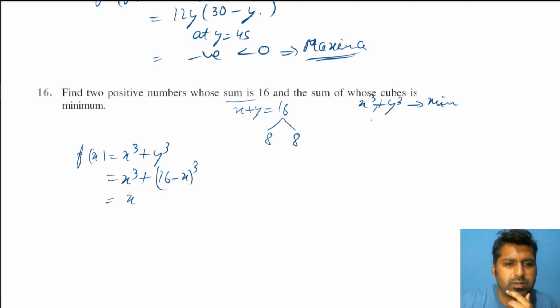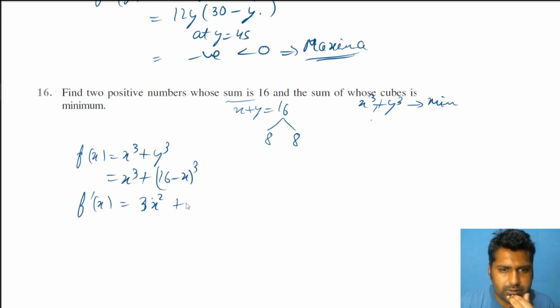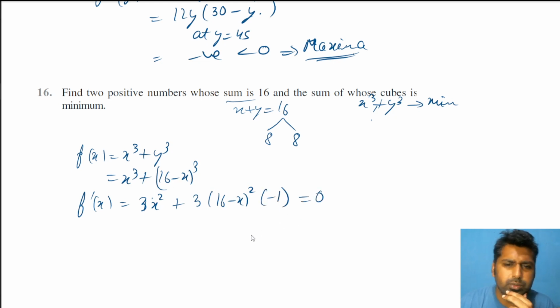I think that's okay, because even if you open this, there is not much useful point in it. Okay, so what's our f dash x? f dash x is 3x square plus 3 into 16 minus x whole square. Then differentiation of 16 minus x will be minus 1. We have to solve it equal to 0.